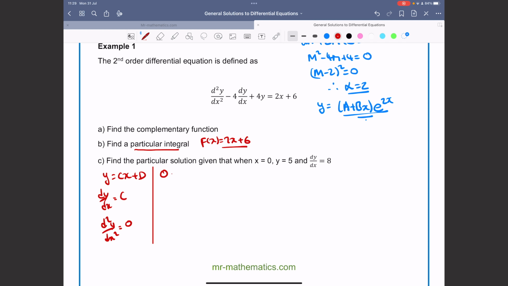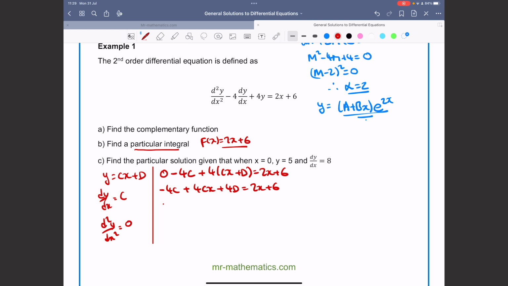So 0 minus 4 lots of c plus 4 lots of y, so cx plus d, will equal 2x plus 6. We'll expand the brackets, so minus 4c plus 4cx plus 4d will equal 2x plus 6. And then we can equate the coefficients, so 4cx must equal 2x.